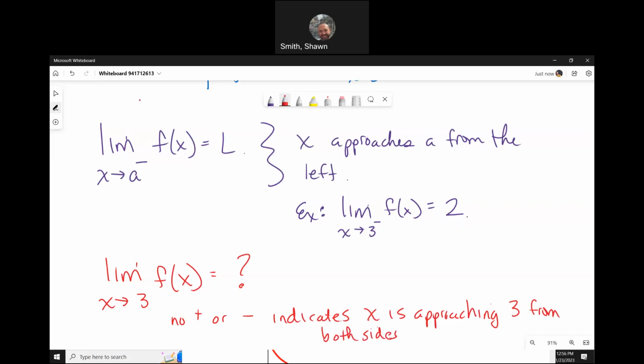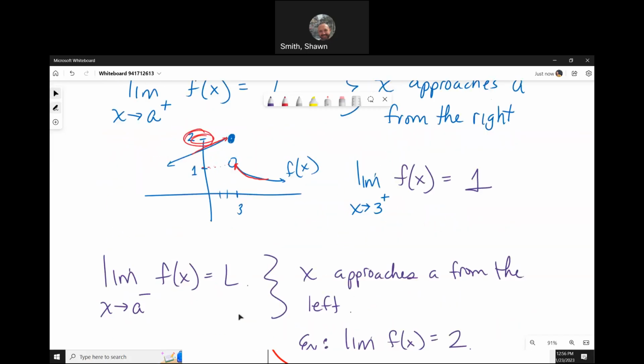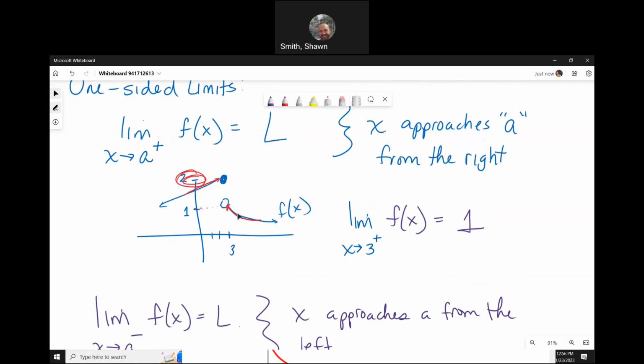Well, we just saw coming from the right side, the limit was equal to 1. Coming from the left side, going to the right, the limit was equal to 2.